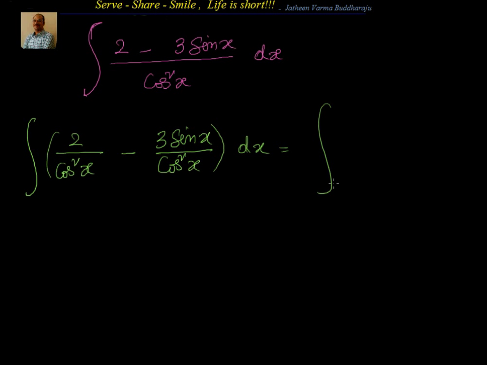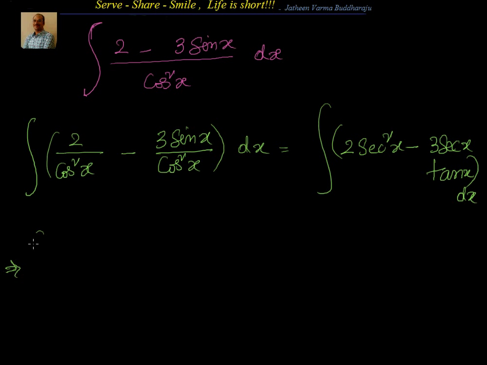That's nothing but equal to, one more step, I can write it as 2 secant square x minus sin by cos is tan and one more cos is left out. So can I write it as 3 secant x tan x, and we have to do dx to that.